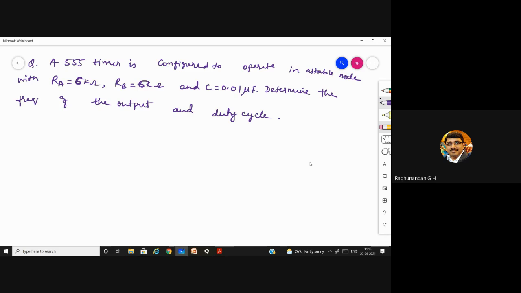Just now we derived some equations. Now those equations we are going to use here to find the output frequency and the duty cycle.